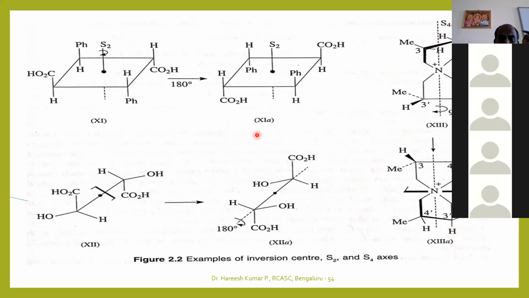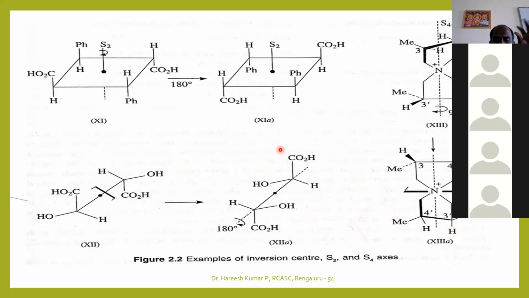Such compounds are said to be dissymmetric. So one of the criteria for a compound to exhibit optical activity is that the compound should show dissymmetry. Dissymmetry means there should be an absence of plane of symmetry, center of symmetry, improper axis of symmetry. That is the thing you need to remember. For that reason, we discussed all these points.